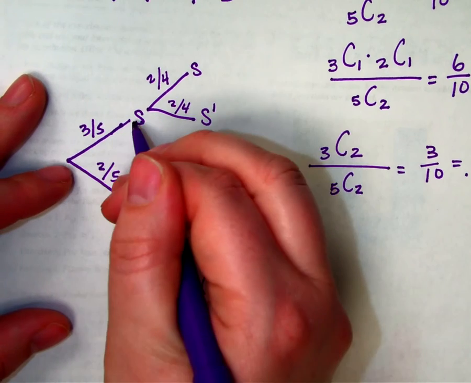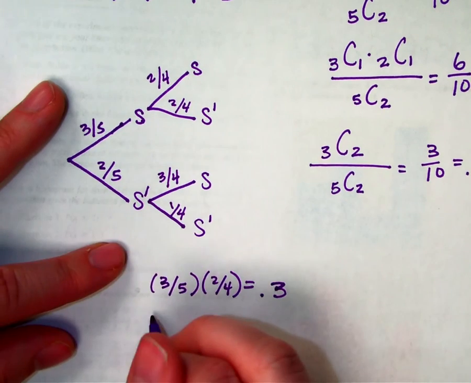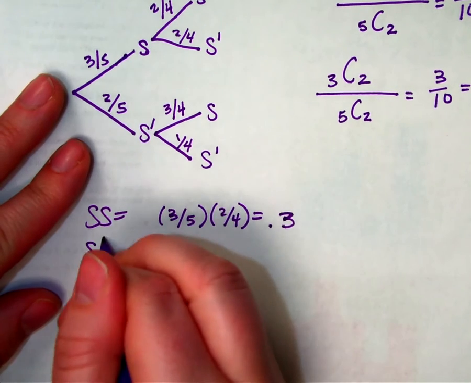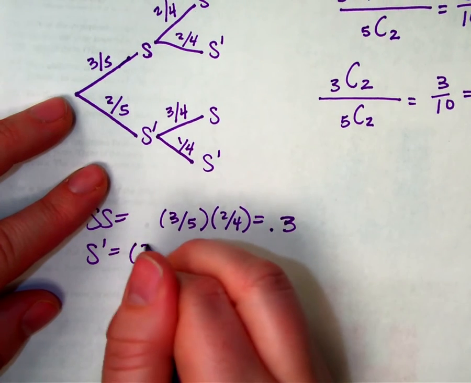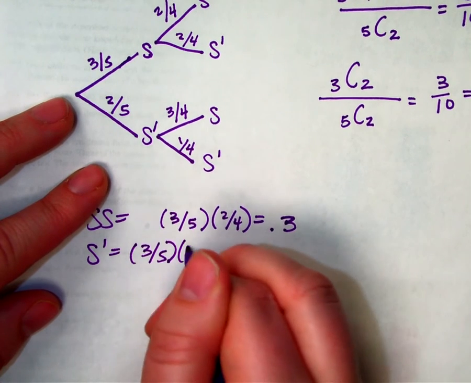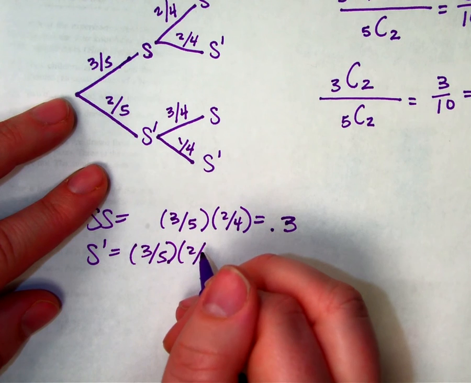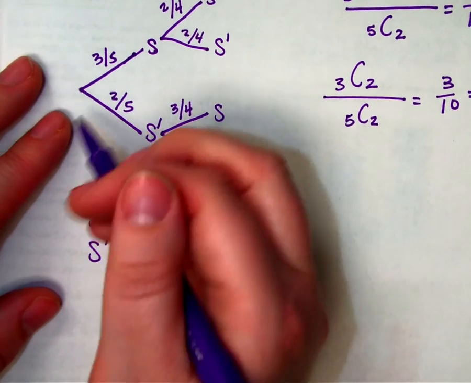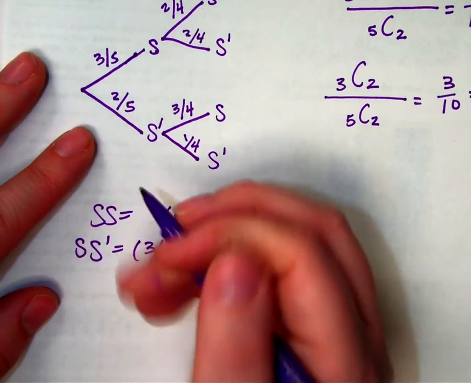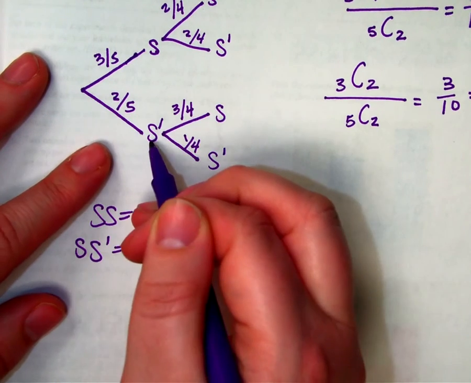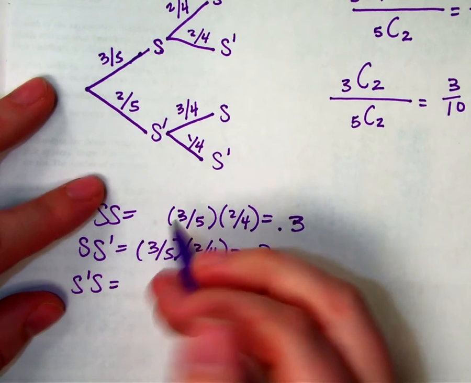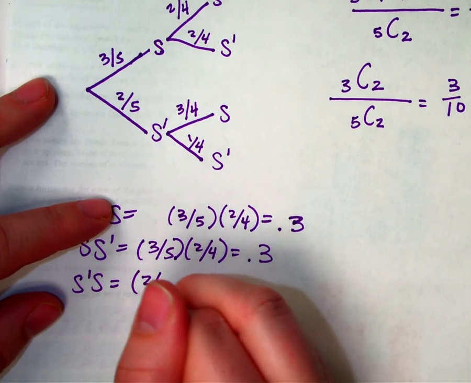You could have picked a swimmer and a non-swimmer. Down here, you could have done non-swimmer and swimmer, which is the same thing as this one, so we'll just add those together.